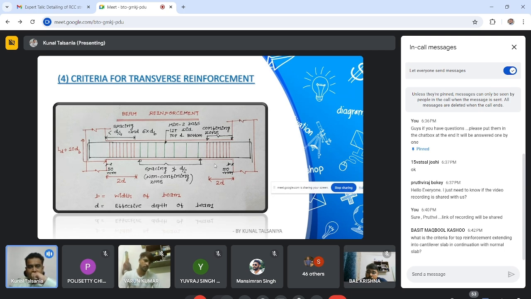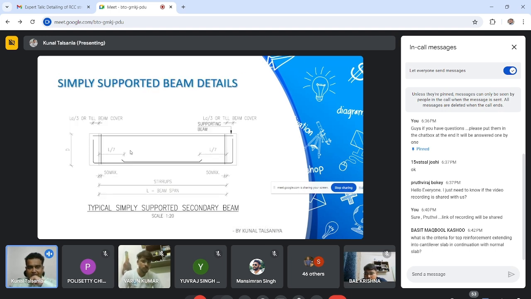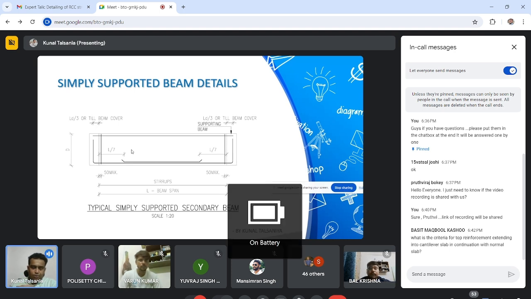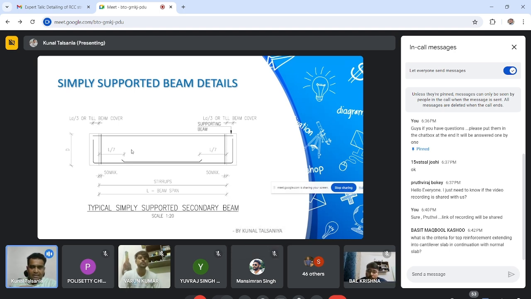Now we will go with spacing of stirrups. First we will go with simply supported beam detail. There are simply supported, continuous, then cantilever beams, all of which I will show you step by step. The main thing we have to take care of in simply supported beam is there.